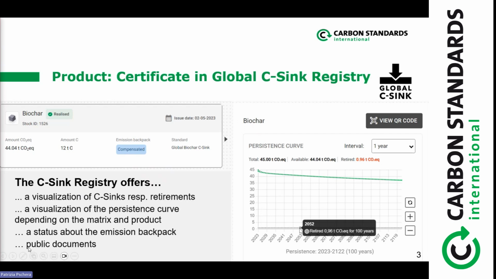We see the public documents, and that's the product that we talk about. Whatever we do with the C sink certification leads to a C sink in the registry that verifies and gives the promise that there is 1 ton of CO2 stored in a permanent matrix.